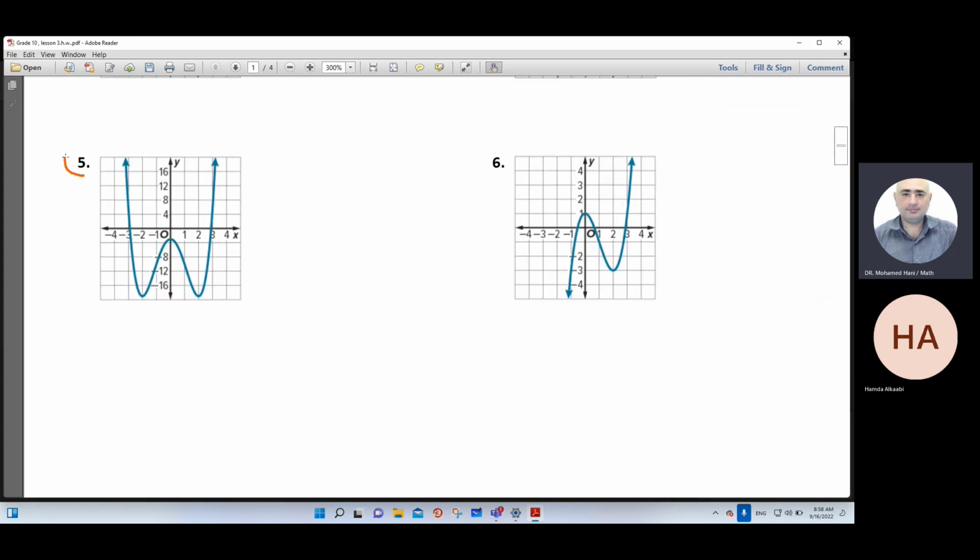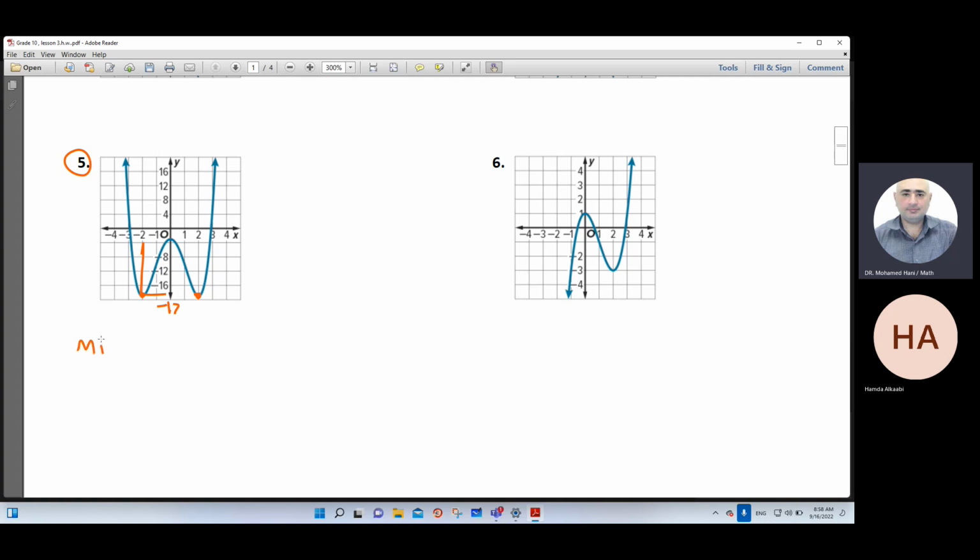Number 5, as you see, we have 2 minimum points. As you see here, negative 17.